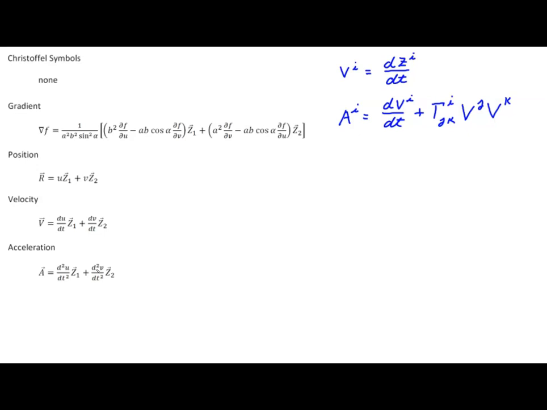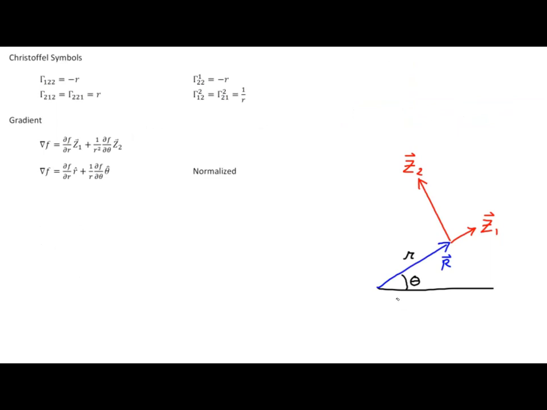Okay, next we'll look at plane polar coordinates. Well, here our diagram shows that we have the polar axis running horizontally from the origin, here in black, and our position vector is the blue vector up to the point in our space, the position vector r. And this time the expression for the position vector is really easy because we only have one vector to construct, and it's the position vector itself.